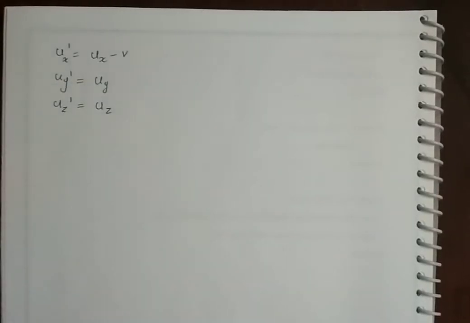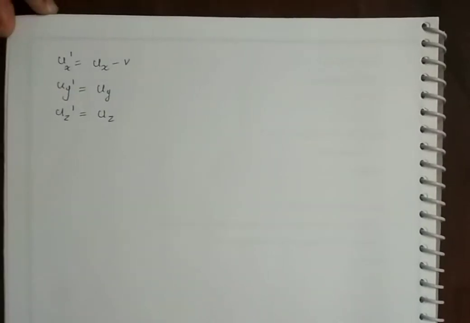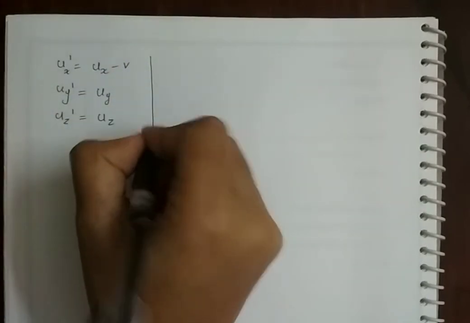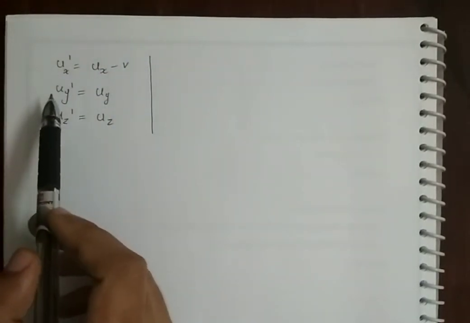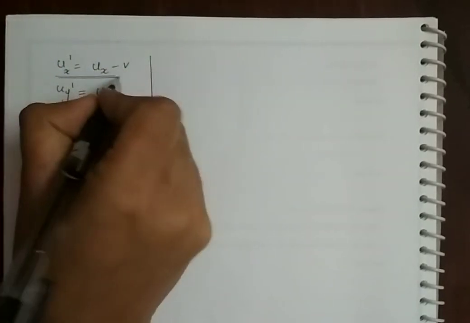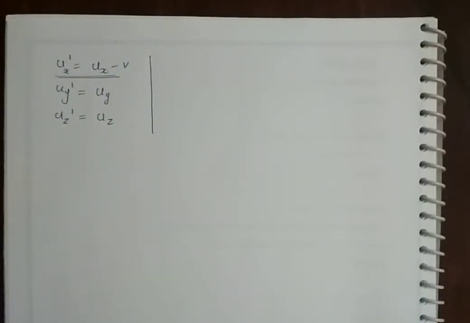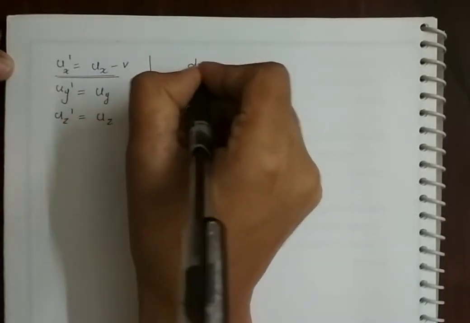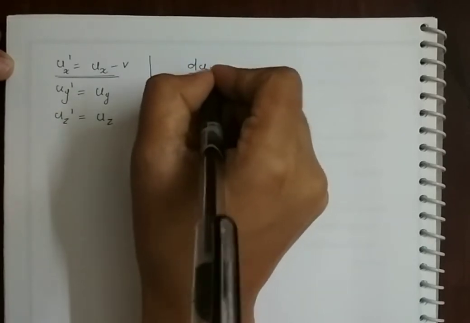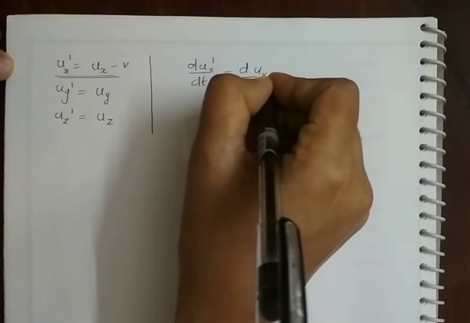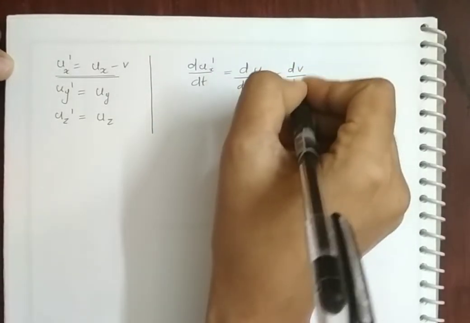Now we are going to talk about the acceleration transformation equation. We have already obtained the velocity transformation equations. To obtain acceleration from velocity, again you have to take the derivative with respect to time. Now take the first equation, which gives the velocity along the x-axis. Taking the derivative with respect to t on either side, we have d by dt of ux prime is equal to d by dt of ux minus dv by dt.